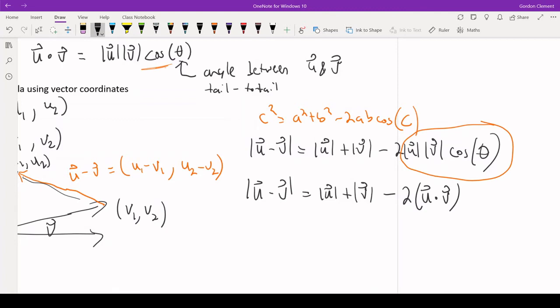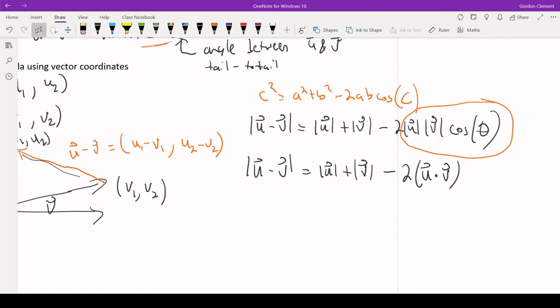And so what I can do now is rearrange and get u dot v by itself. So if I rearrange that mess, and these should have squareds on them, sorry.